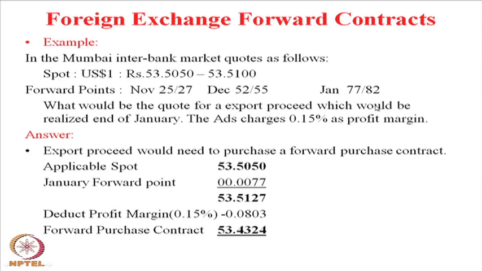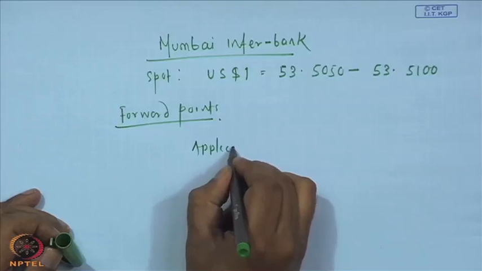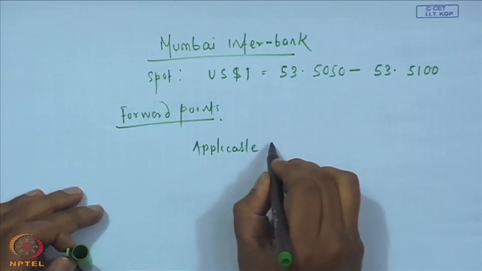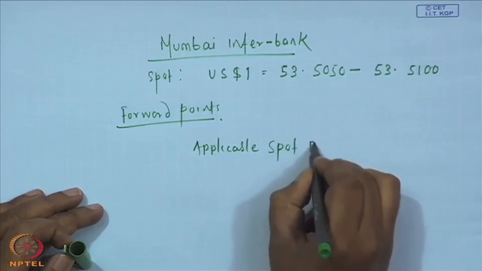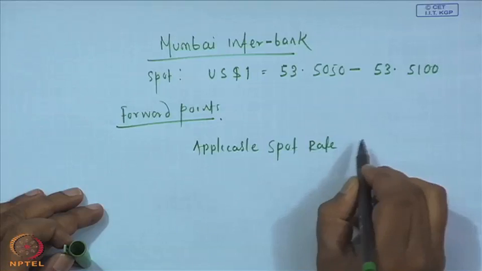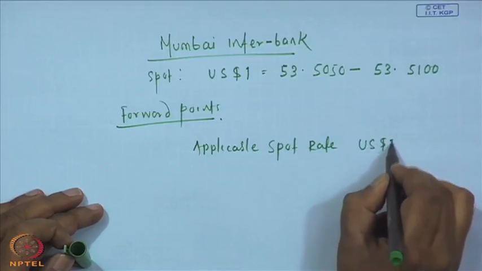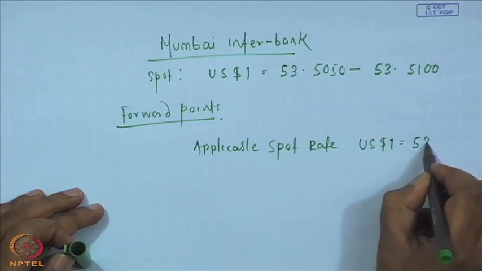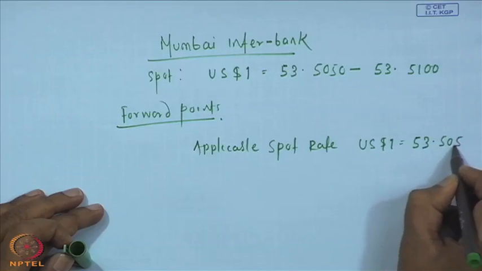Now, dollar is coming to India, the exporter will give the dollar to the authorized dealer. So, when exporter sells dollar in Indian market, the authorized dealer gives less amount of rupee. So, here the applicable spot rate, as we discussed, for 1 US dollar, that is 53.5050.